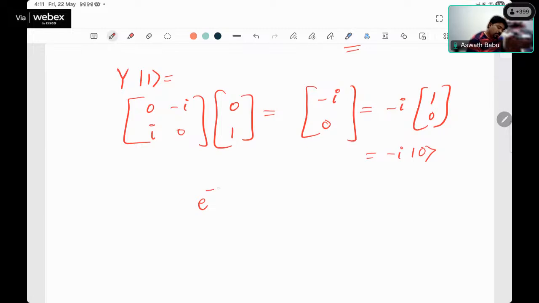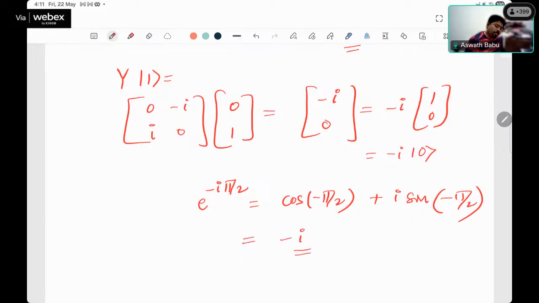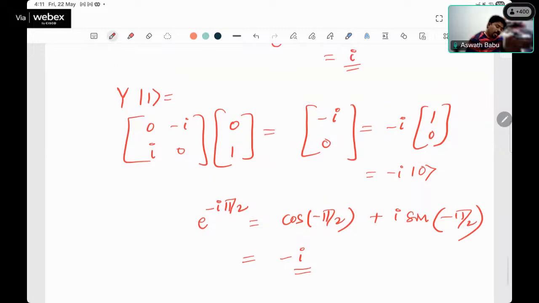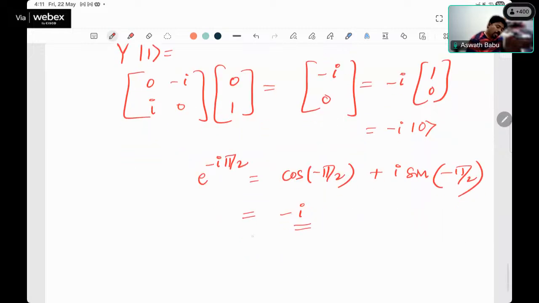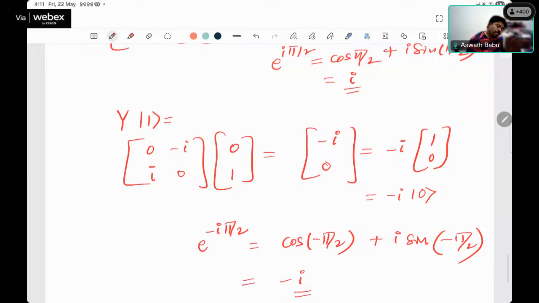Exponential minus i pi by 2, which is cos of minus pi by 2 plus i into sine of minus pi by 2. Okay. So this is going to have minus i. Minus of sine minus theta is minus of sine theta. So I'll get minus i.